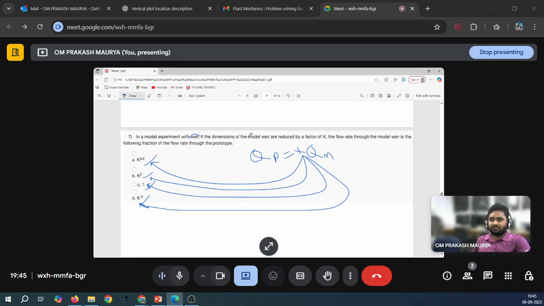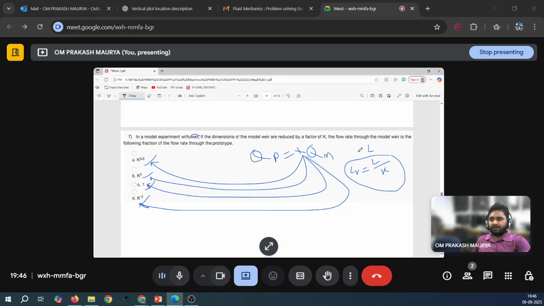if the dimensions of the model weir are reduced by factor k, it means initially you have the dimension, suppose L, but after reducing, we are going to reduce L by k, means divide by k.